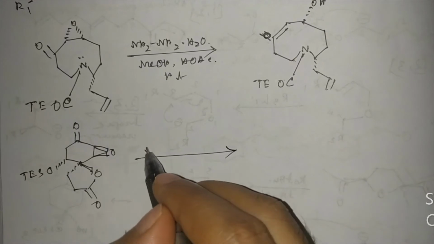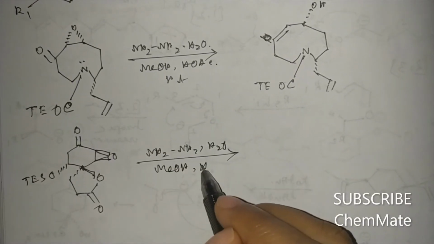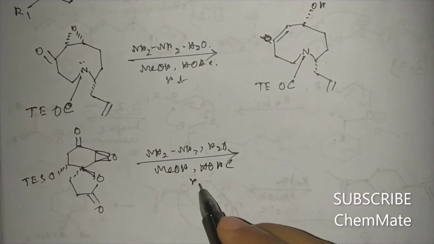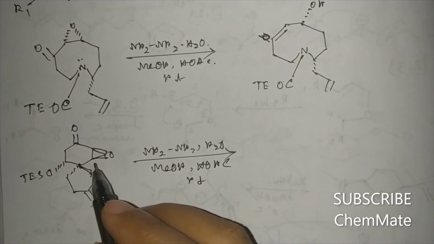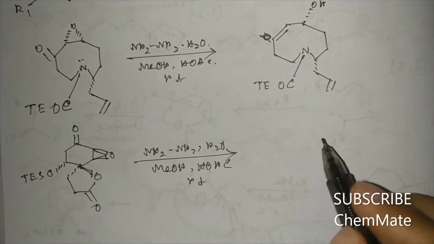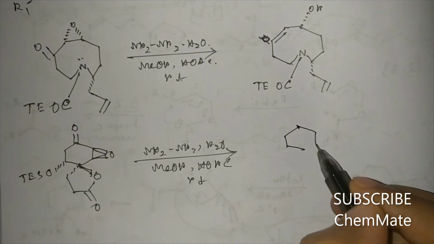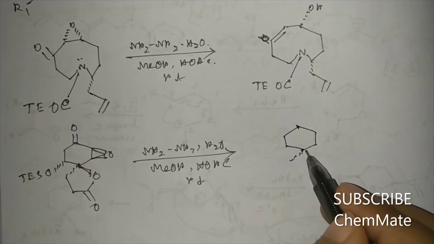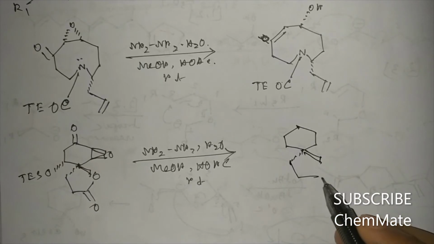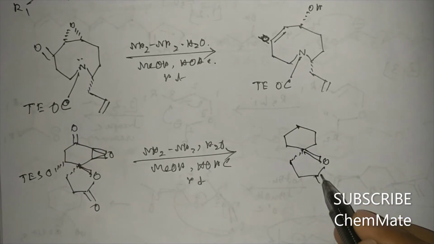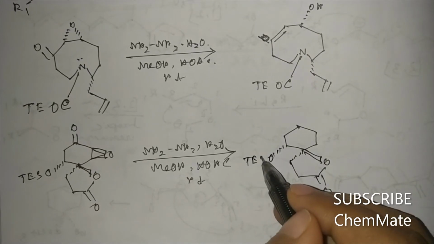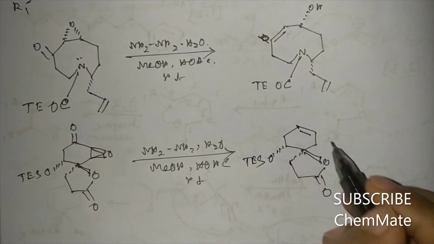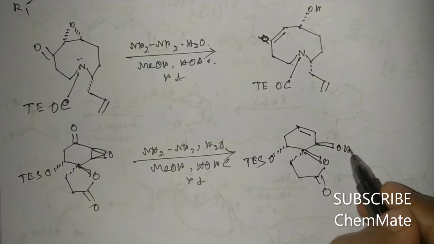If it is treated with MeOH, HOAc at room temperature, then the product will be an allylic alcohol with the OH group from above the plane. So the product will be this. Here will be the double bond and here will be the OH.